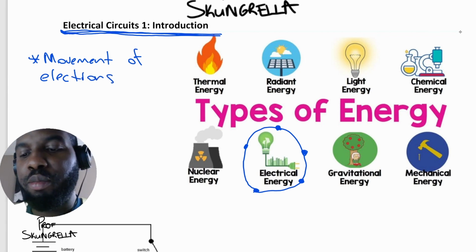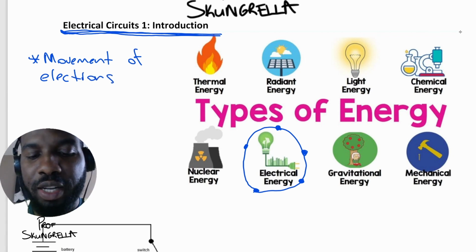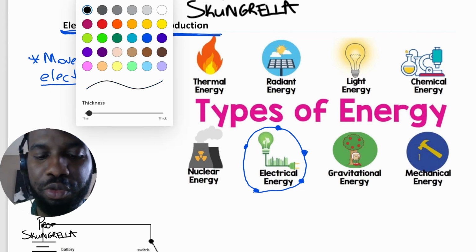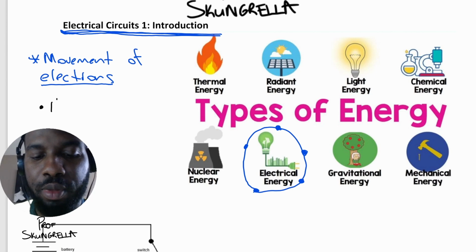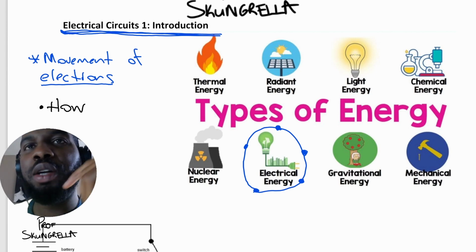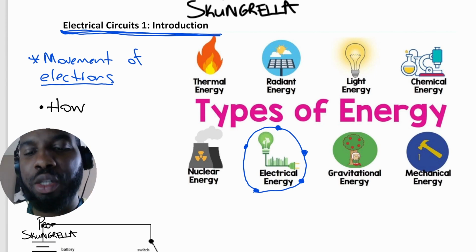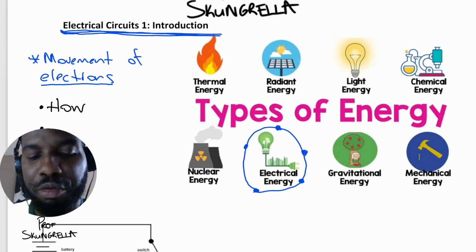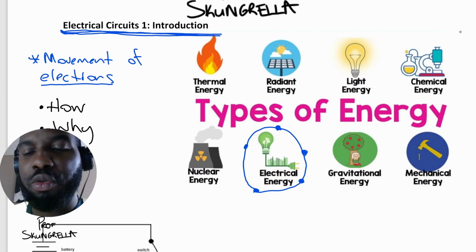Okay, now from your basics, this movement of electrons, we want to figure out, how do the electrons move? We also want to figure out why do they move, right? Why does the electron leave the atom and become a free electron? So how they move and why they move, right? So again, we're saying the basis of electrical energy is free electrons.